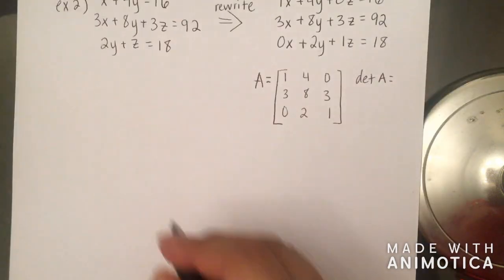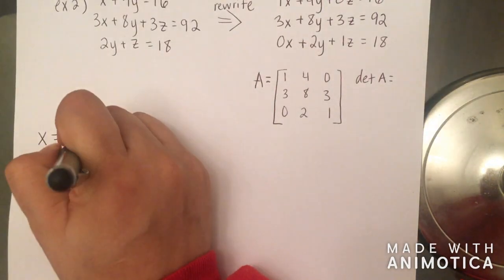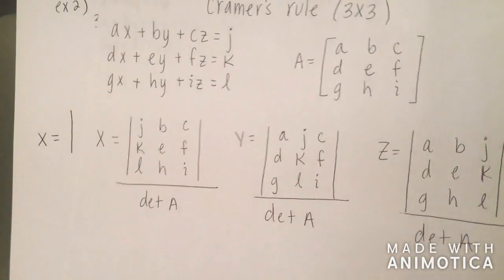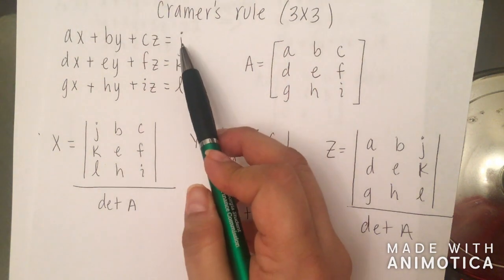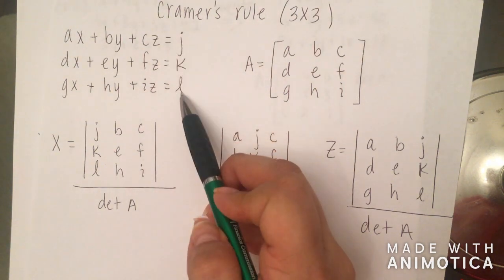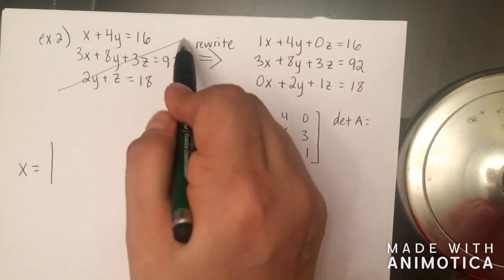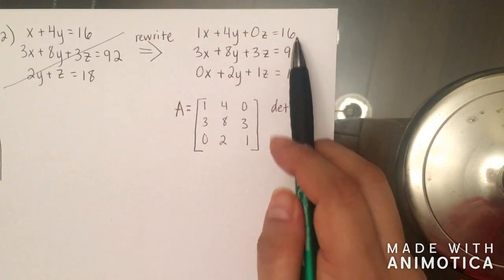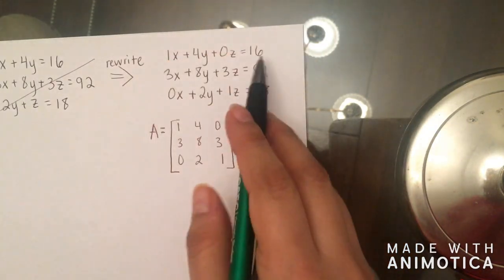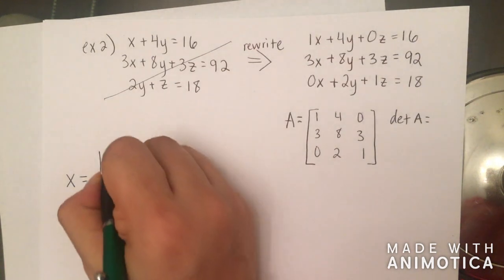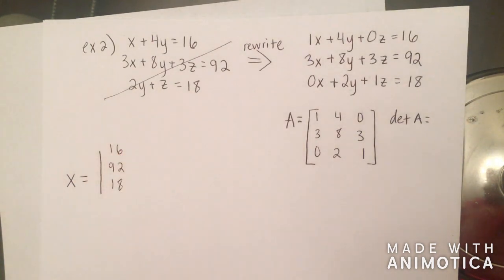So x is equal to the determinant. And this time, I'm just following my letters again. So it's JKL. JKL is this column, which are just the constants. So I'm referencing this one because remember I rewrote that one. So it's 16, 92, and 18.